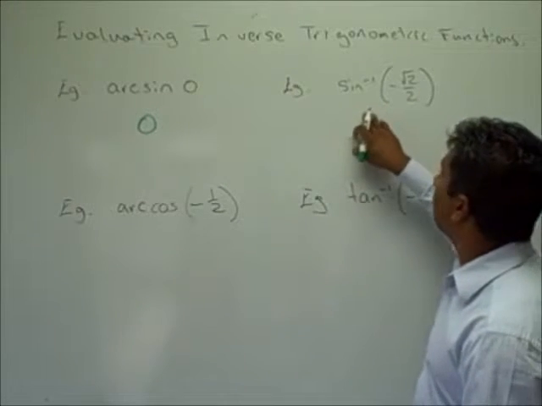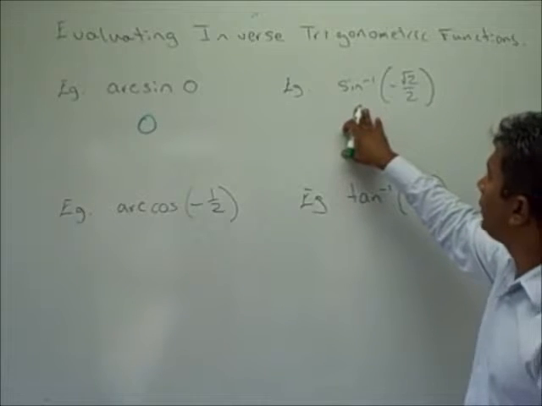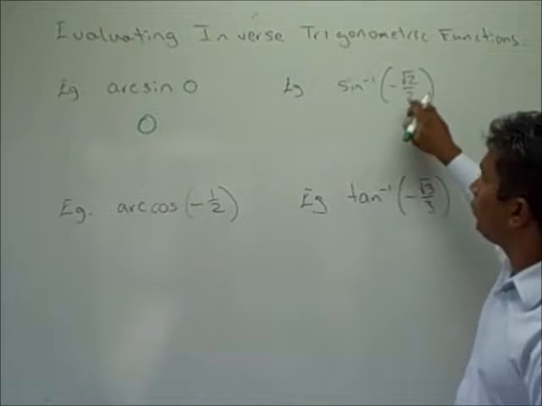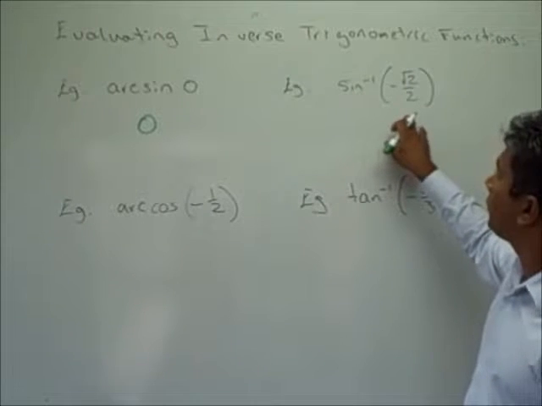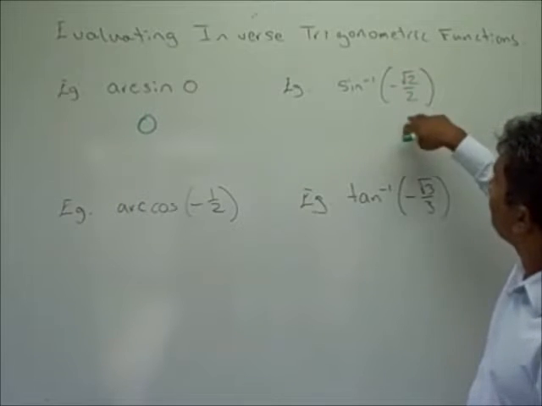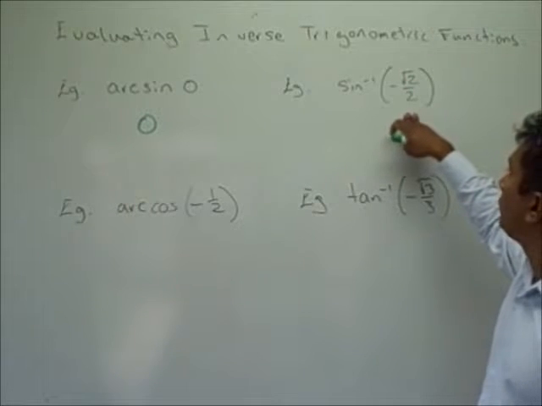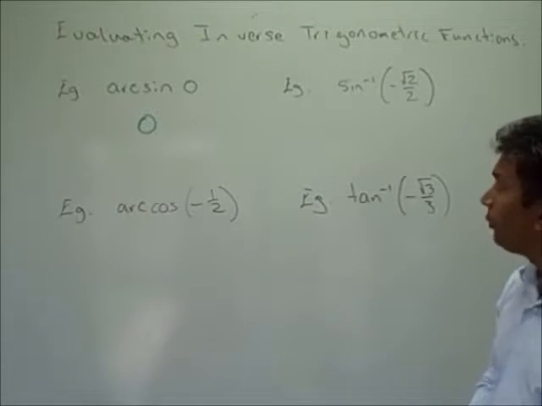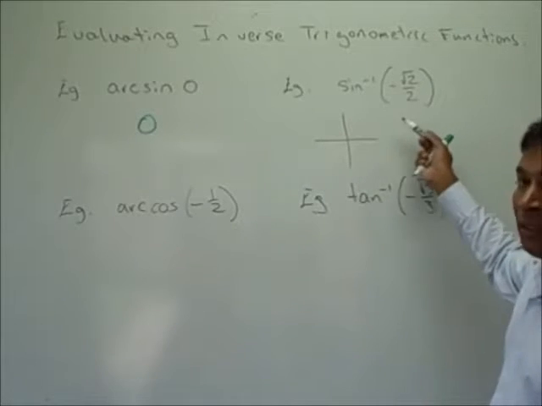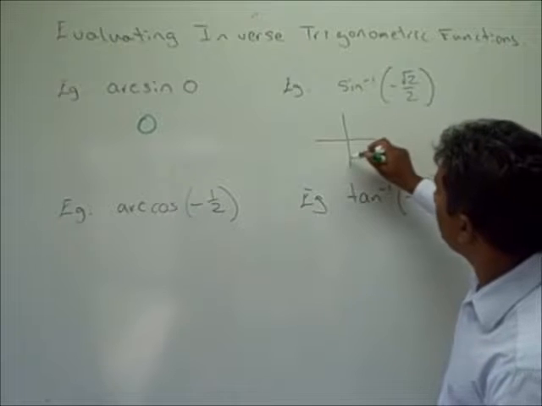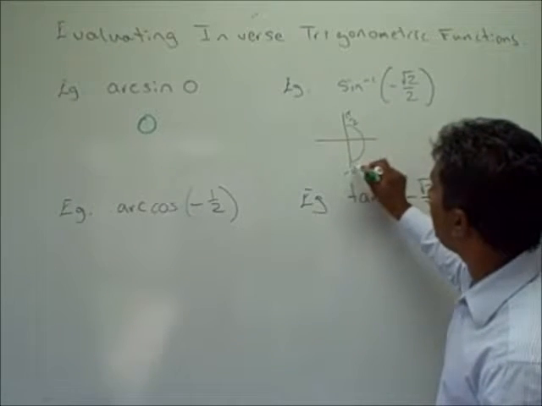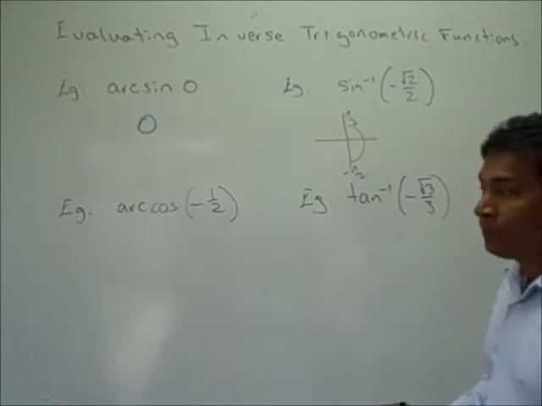If we look at this example, we're finding the arc sine of -√2/2. So here we're trying to find out which angle will give us a value of -√2/2. If you recall from our inverse trig function, arc sine goes from pi/2 to -pi/2.